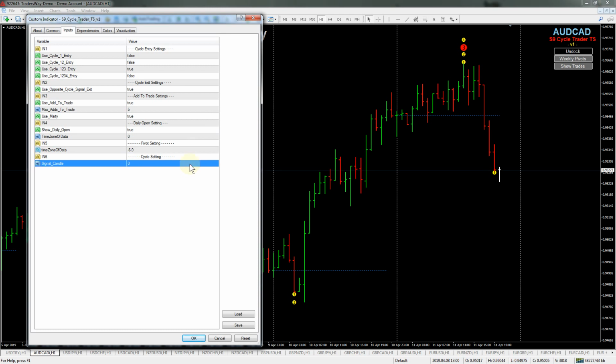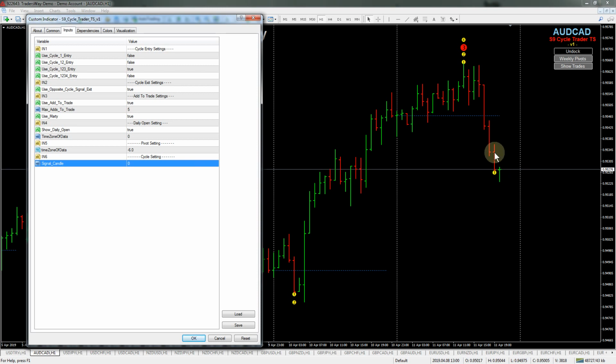Signal candle. Okay, now that is default 0. What that means is it will enter the trade on the same candle that the signal is on. It will not wait. Now remember how you count candles. Most of you probably know this, but the present one, the active candle, is 0. That's the 0 candle.